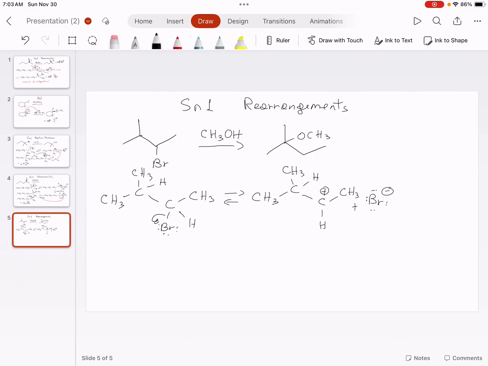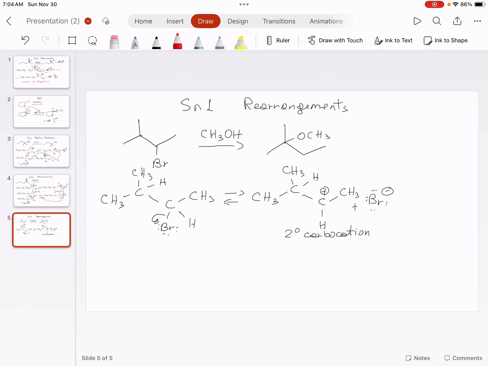What was observed in these cases is that the molecules can rearrange. This is a secondary carbocation, and rearrangements can occur by migration of either a hydrogen or a methyl, with the hydrogen being preferred.